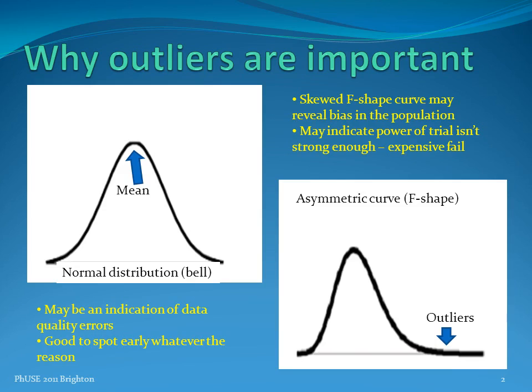Generally speaking, we want to see the normal distribution, the curve on the left. But if you have the curve on the right, then you can see that maybe there might be some outliers, maybe some data problems, data quality errors. No matter the reason for it, it's good to spot these quite early on so you can do something about it.